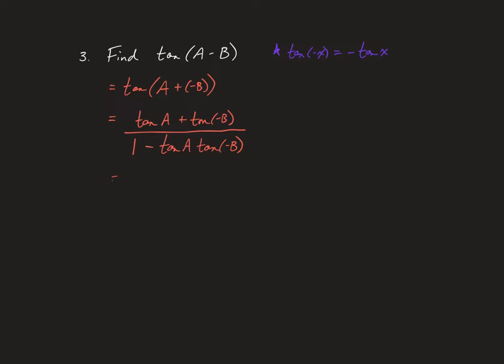And so where I see my negative tan B, I can replace that with a positive tan B as long as I make the term negative. On the denominator, I can do the same thing. But since I'm going to now replace this with a positive angle, this ratio would be negative, and therefore the sign in between becomes positive.